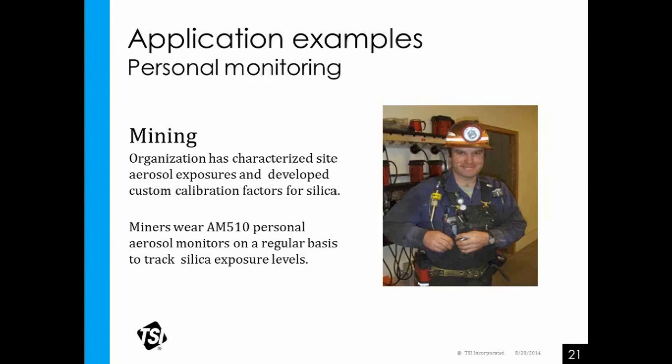So they know for mine XYZ in this part of the country, they use a certain cal factor. It's a little bit different in another part of the country, but they're able to track their silica exposure on a regular basis. They've done monitoring with gravimetric to prove they're in compliance. That's what aerosol buys off on. Now they use the AM510s on a regular basis to make sure those exposure levels haven't changed.